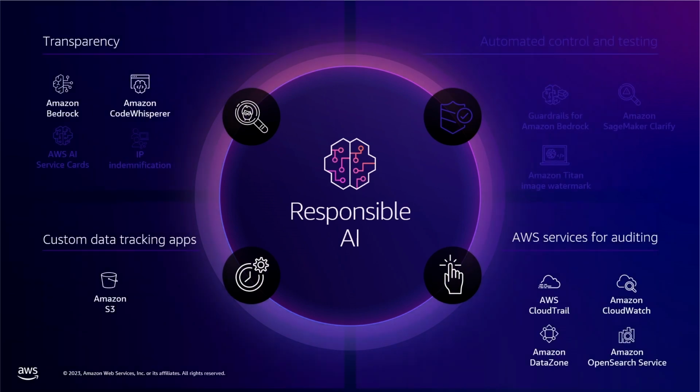AWS believes deeply in responsible AI, and you'll see that belief in our services. For example, in order to provide transparency on the model decisions, Bedrock agents show and log the intermediate steps that the model wants to take. That is model decision explainability.